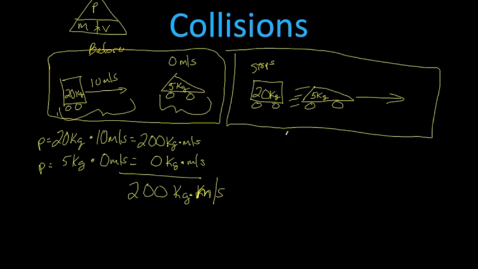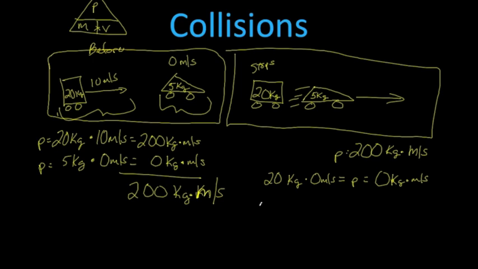Now, we can actually calculate how fast that cart would be moving because we could say, look, before we had an overall total momentum of 200 kilograms times meters per second. Now, the square cart is stationary, so we know that its momentum is 0 kilograms times meters per second.